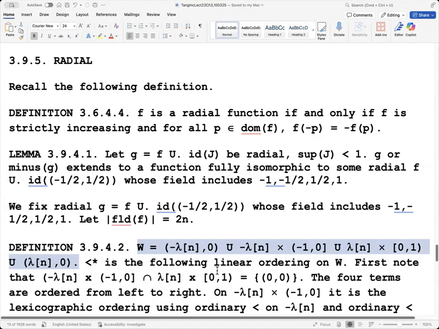Now here we use ordinals and minus ordinals. Of course, minus ordinals are smaller than all positive ordinals or non-negative ordinals, and the ordering on negative ordinals is just what you expect. Minus omega is certainly going to be smaller than -5. Okay.